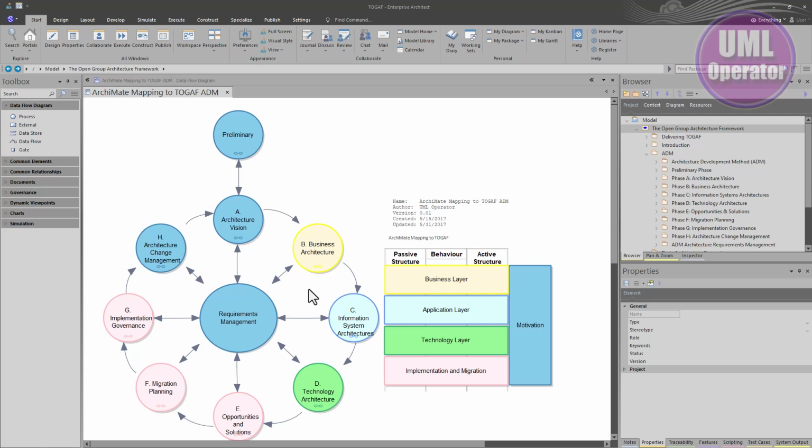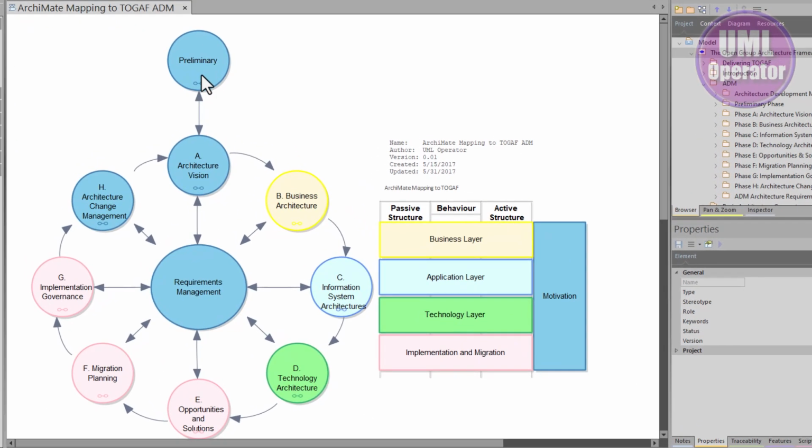Now you can keep your artifacts, your deliverables as high level as you want. It's very important though that you're meeting the stakeholder concerns. So as we're going around the wheel here, we move from the preliminary aspects of delivering the company all the way down to the preliminary aspects of delivering a specific project.